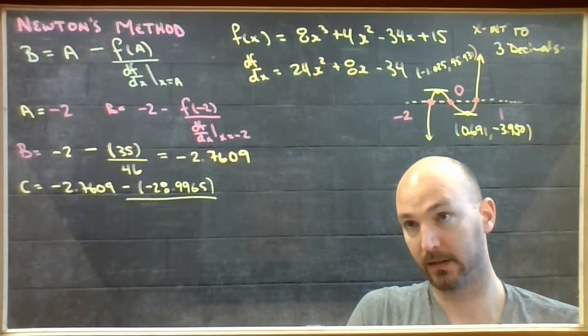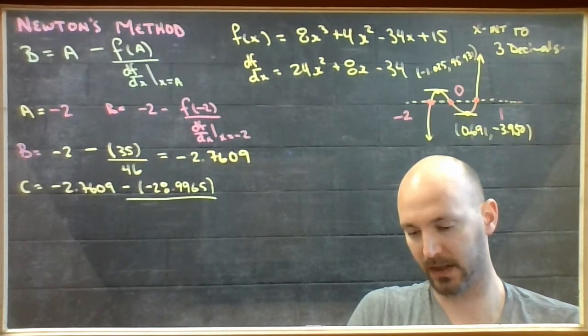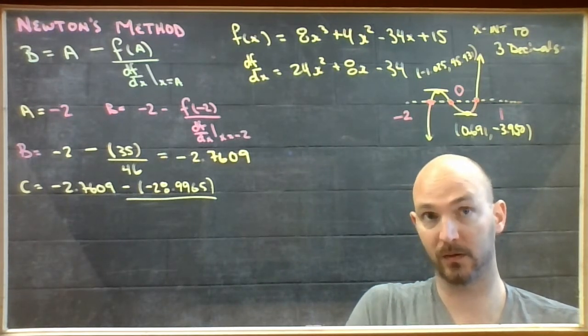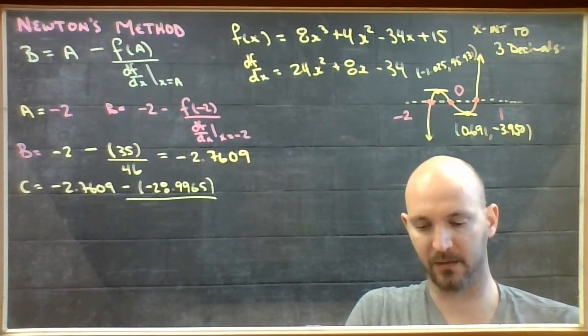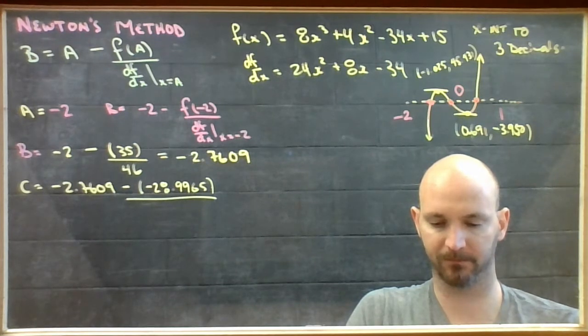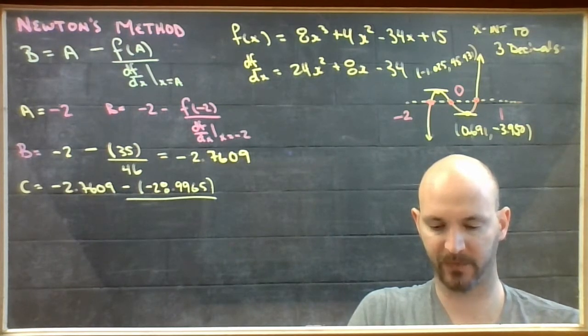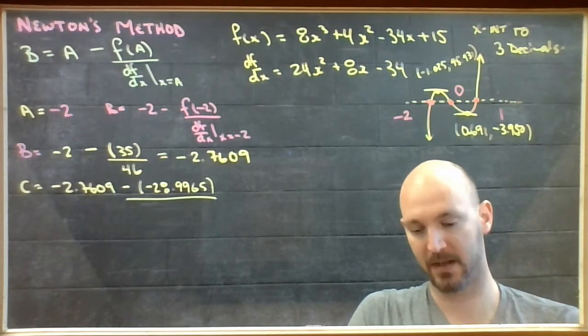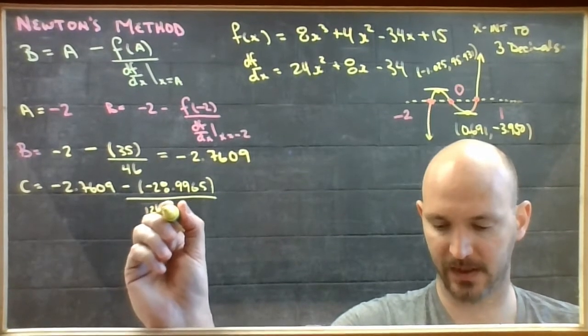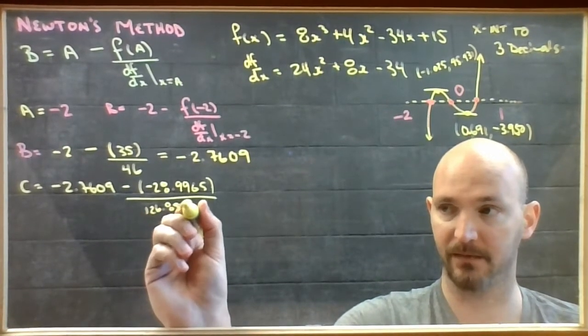And if I put this number into the derivative, 24 times that number squared plus 8 times that number minus 34 gives me 126.8545.